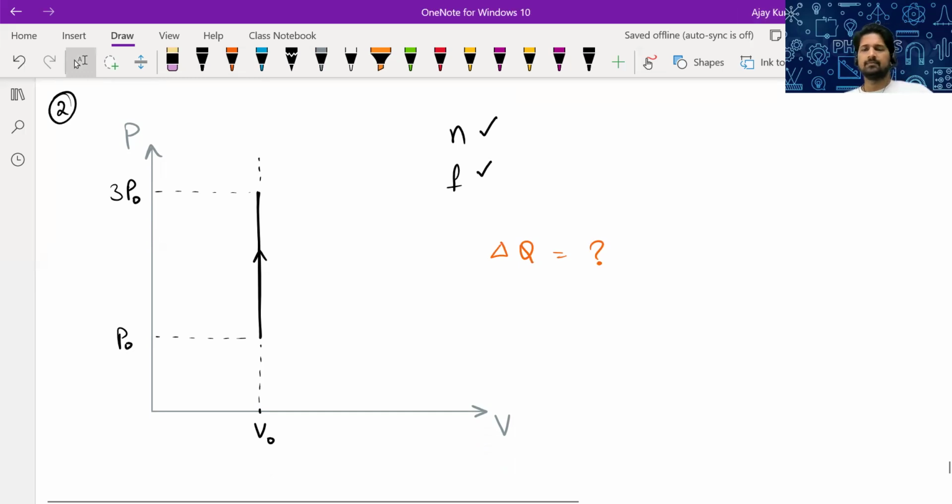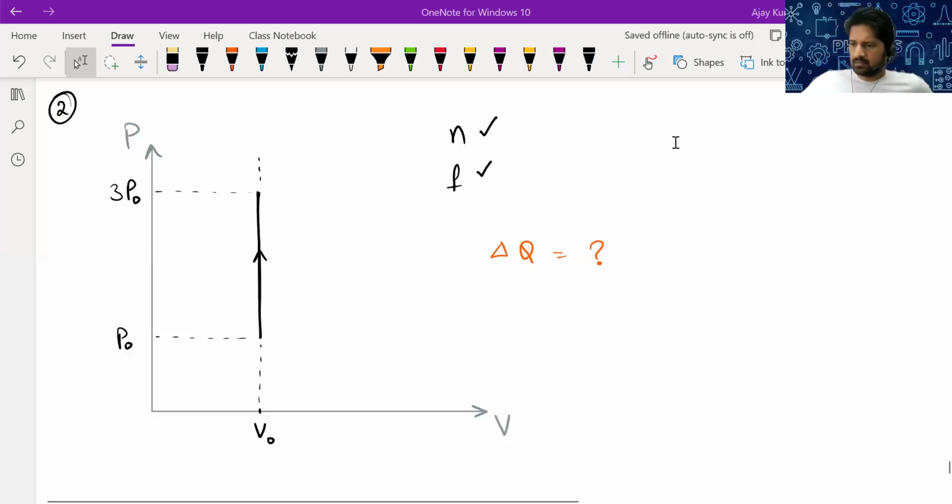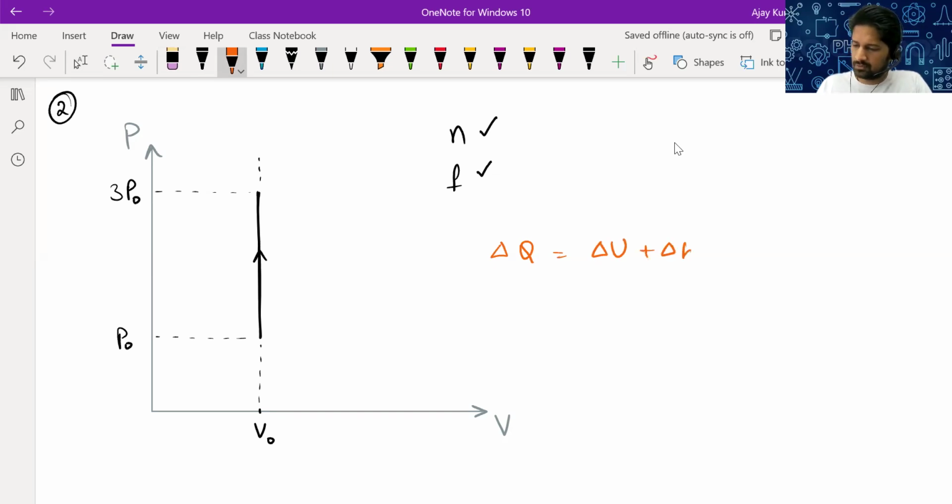Try. Tell me what different ways are there to calculate delta Q? One is to use the first law of thermodynamics.